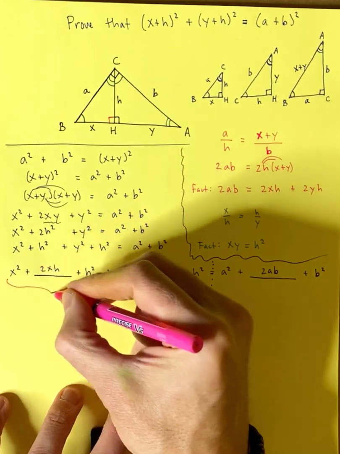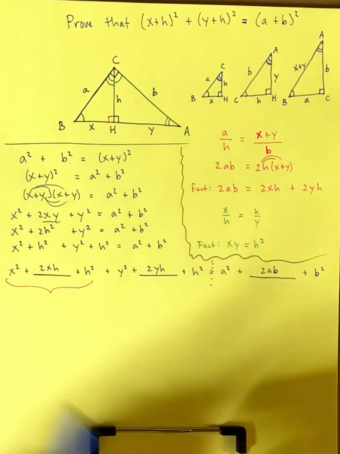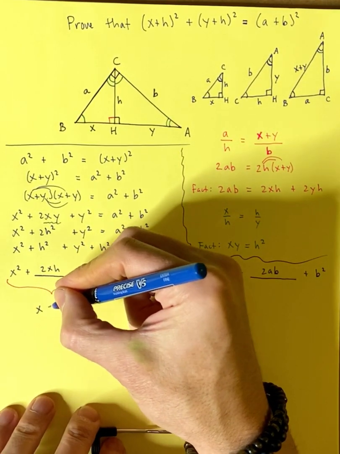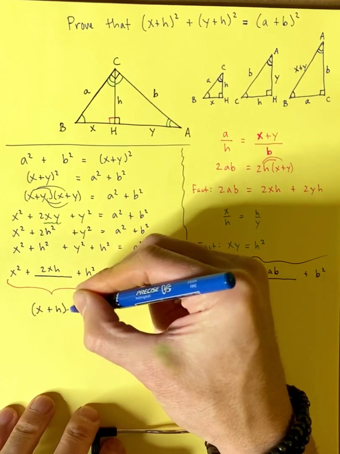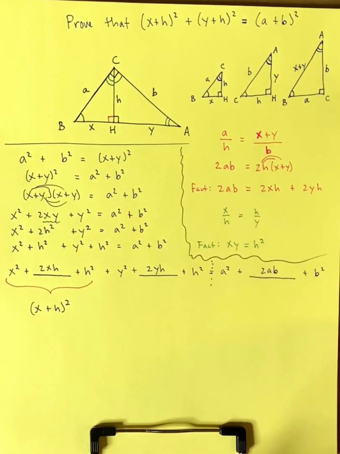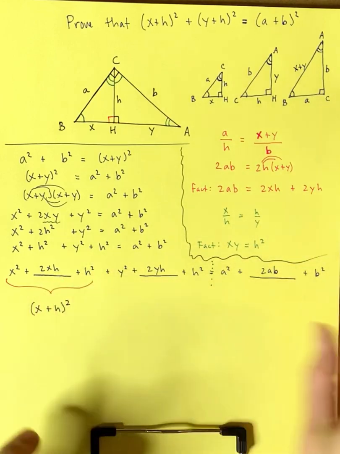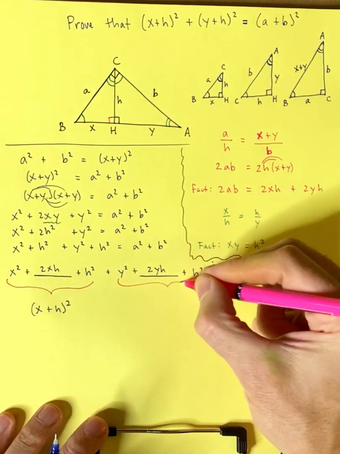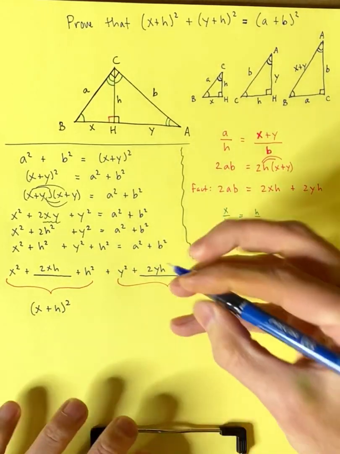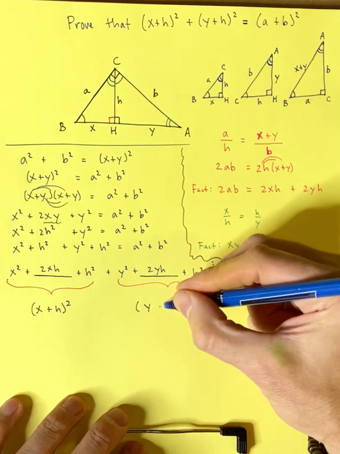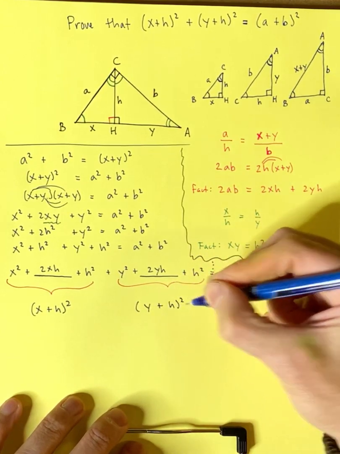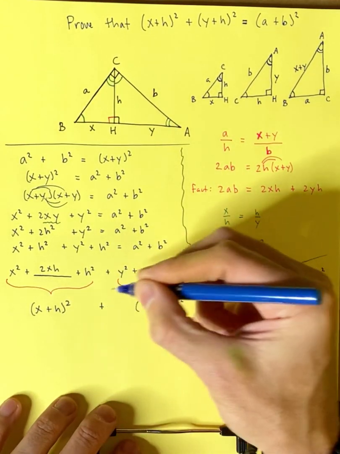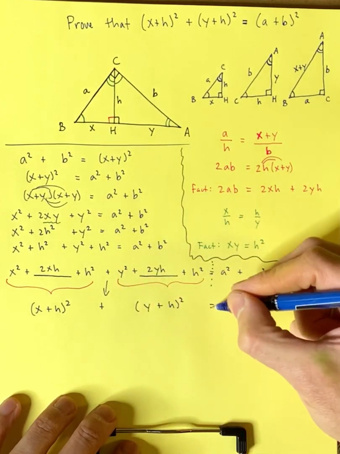This here is the same as x plus h squared, right? Because if you expand this, that's what you get. Similarly, this trinomial happens to be the square of that binomial. Keep your addition operator the same, equals.